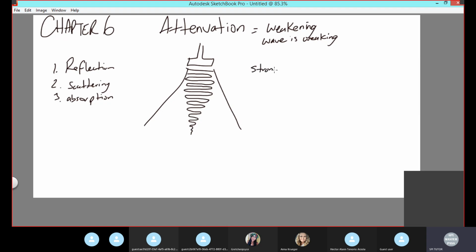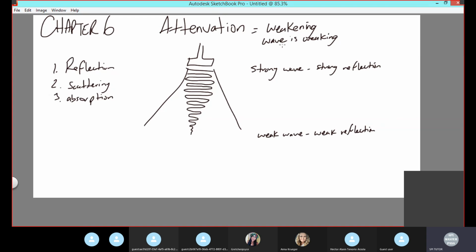And a strong wave will give you a strong reflection, okay, essentially. And then a weak wave will give you a weak reflection. All right. A strong wave has more energy, so it can expend that energy into a reflection.